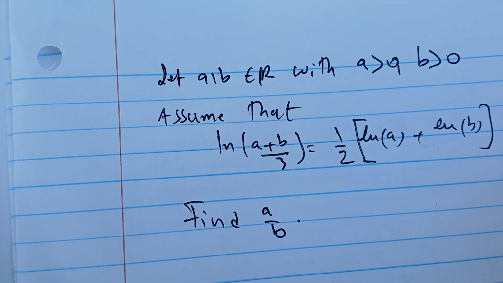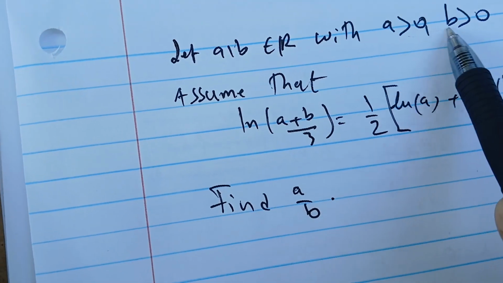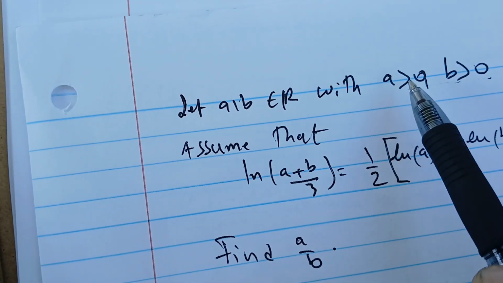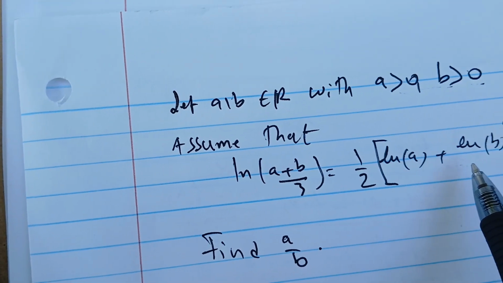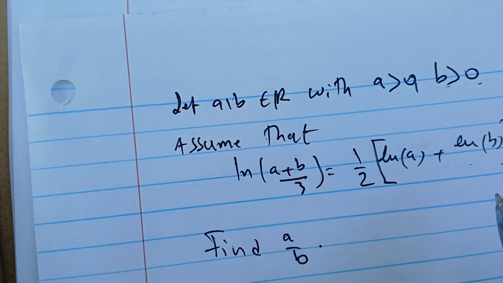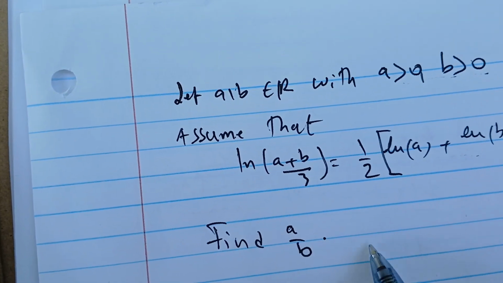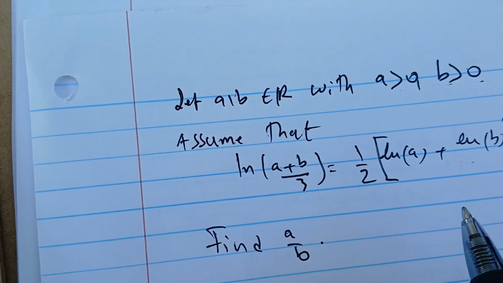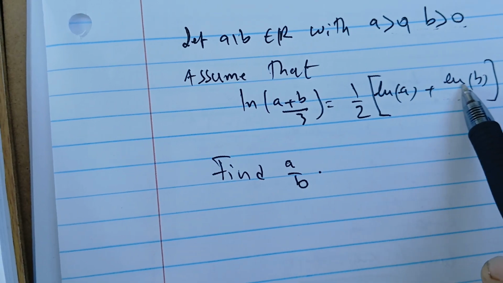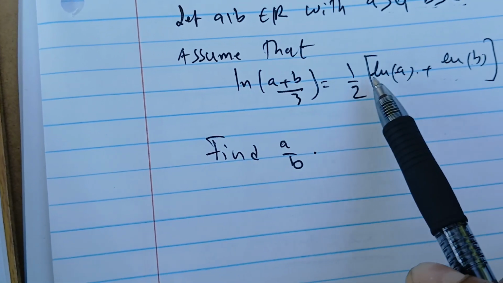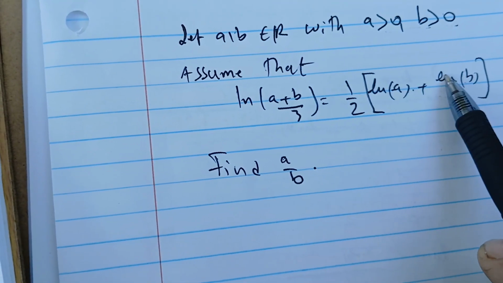Before proceeding, we can use the fact that both a and b are positive, and we have the natural log here. So we can use these properties of the log and try to find something that would help us solve for a over b. One key idea is that we can transform this sum into a product, and we can let this 1/2 enter inside the log.